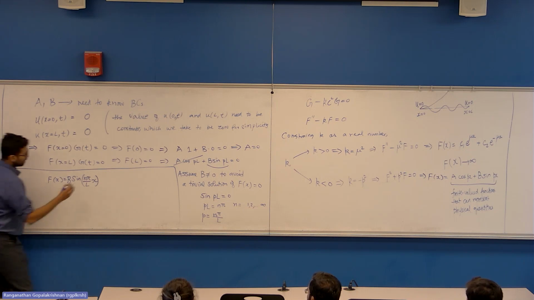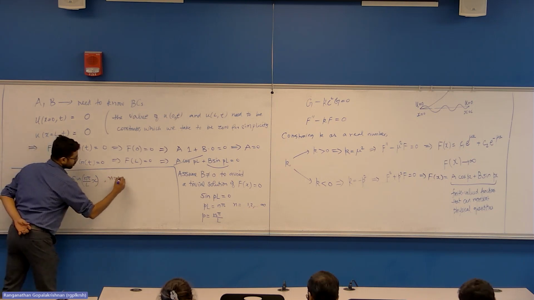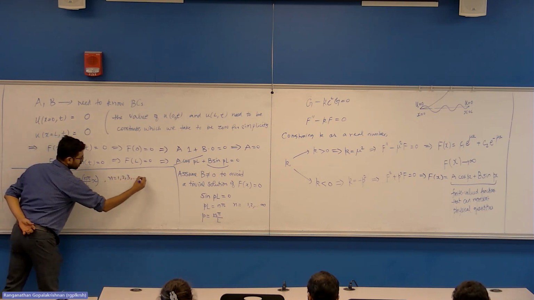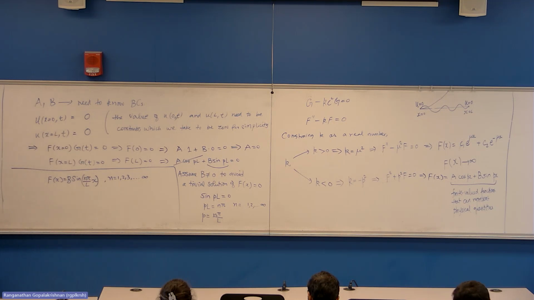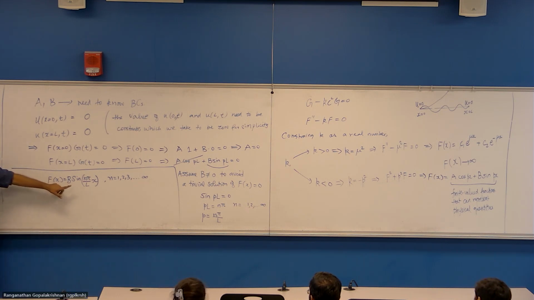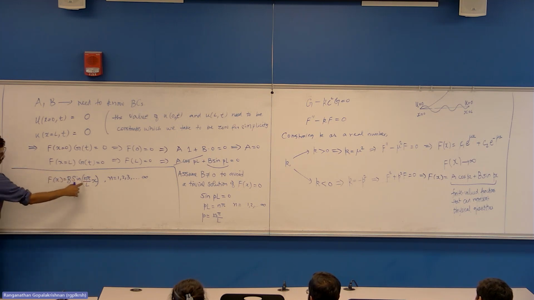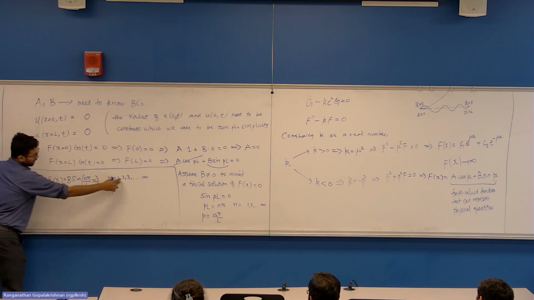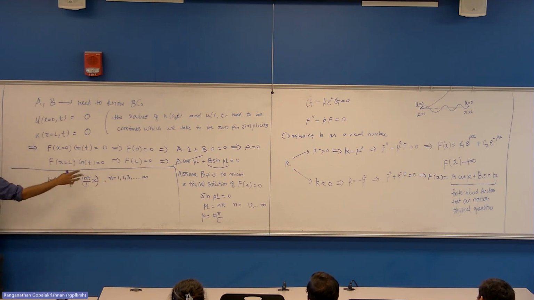And n is a parameter which can take values of 1, 2, 3, and so on, all positive integer values. So you are going to get a solution. If you take n equal to 1, your f of x can be b sine pi x over L. If you take n equals 2 or 3, sine 2 pi x over L.